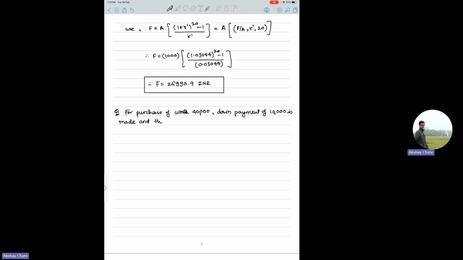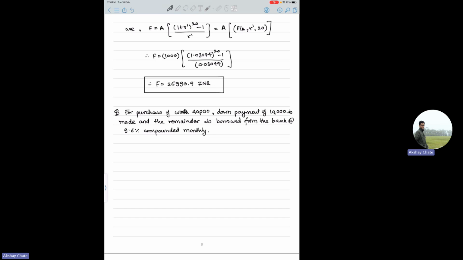and the remainder is borrowed from the bank at 9.6% interest, compounded monthly.